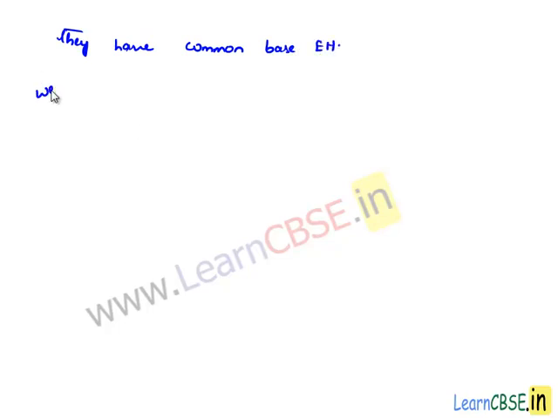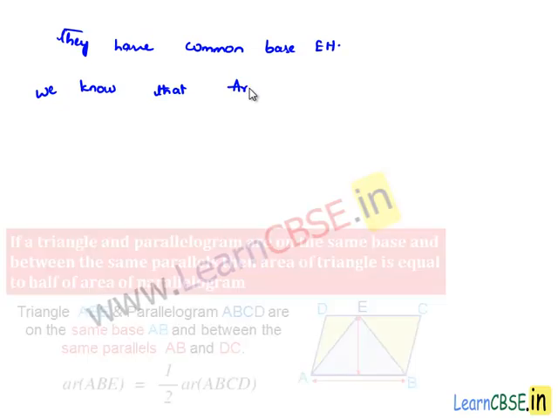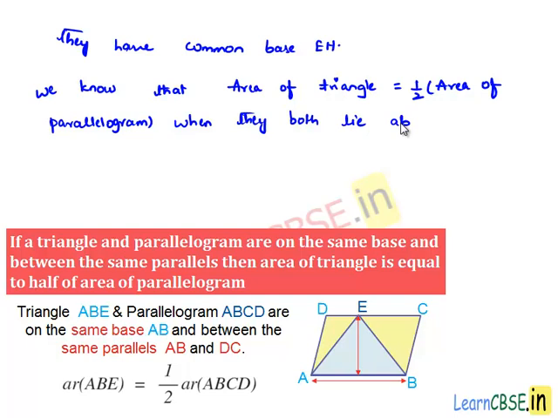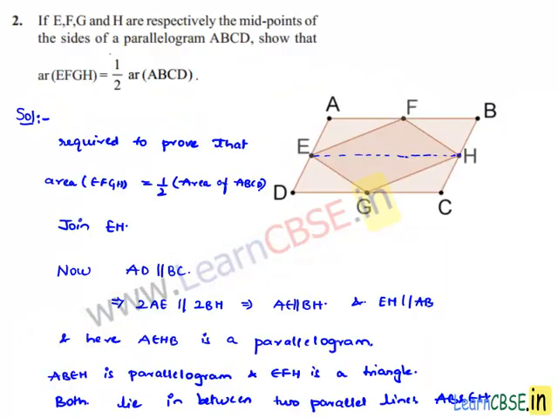We know that area of a triangle is half the area of a parallelogram when they both lie on the common base and between the same two parallels. Here the parallelogram AEHB and triangle EFH lie in between the two common parallels, that is AB and EH, and they lie on the common base EH.